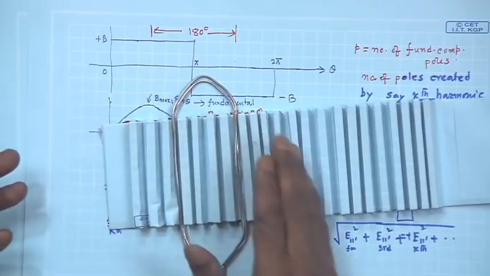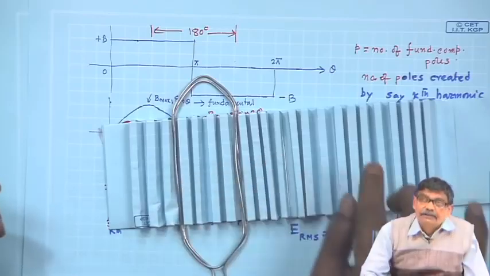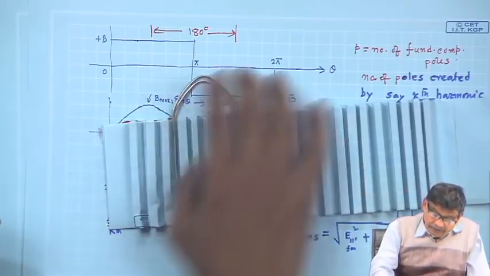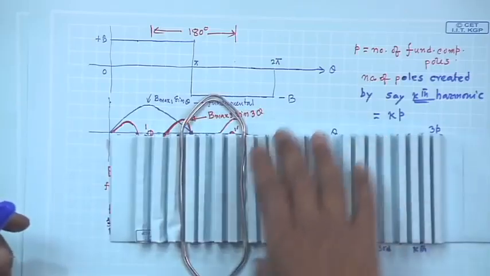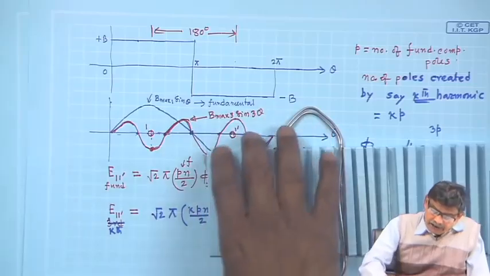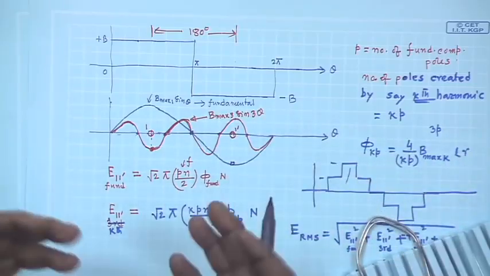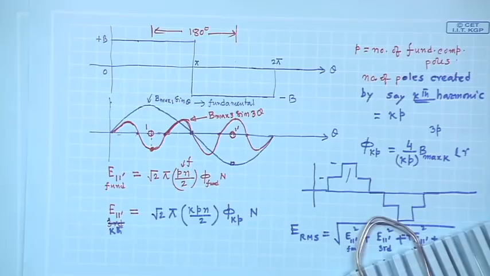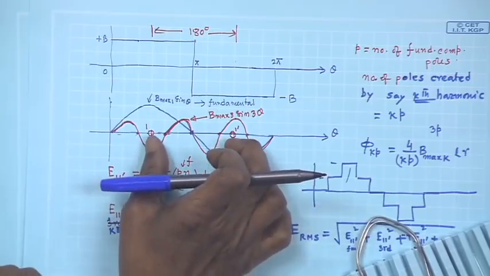So, now what is happening? The fundamental component is there, then the third harmonic component with a little amplitude will be there, and this fellow is rotating. So far as the third harmonic is concerned, it looks like it has become a 3p pole machine, and if it is a 3p pole machine, will there also be voltage across 1 dash?